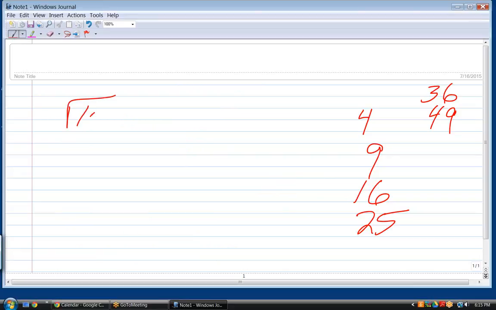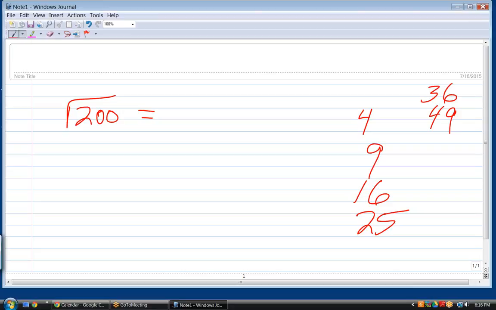What's the square root of 100? 10. What about the square root of 200? It is 20 times 10, but is that the best two factors? Because neither 20 nor 10 are on my list.